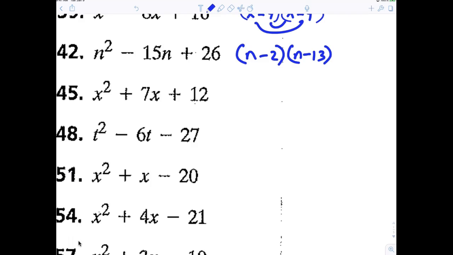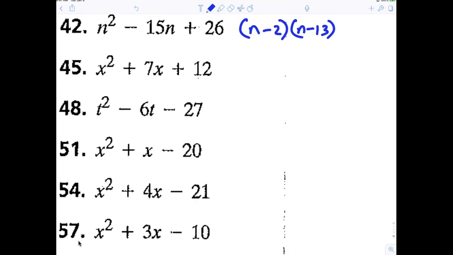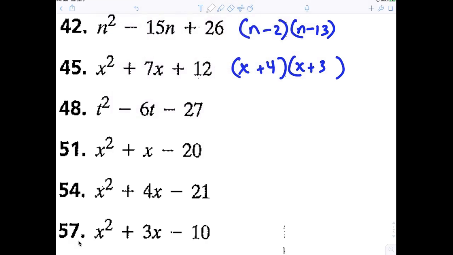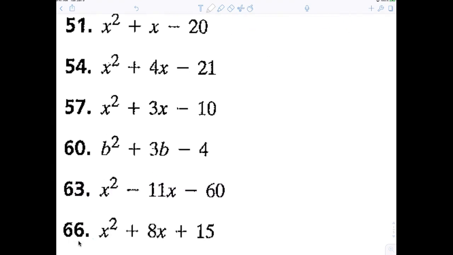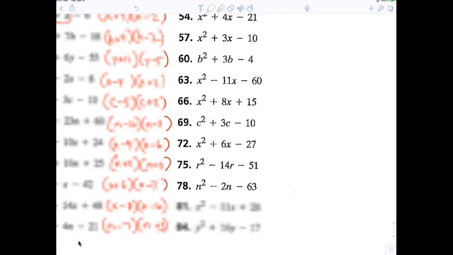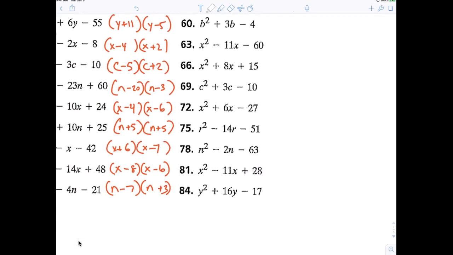Okay? Colin, you're up, number 45, buddy. You hold on to x for the parentheses, 4 and 3, which will both be positive. Thank you, sir. Very good job. Those dots were annoying.